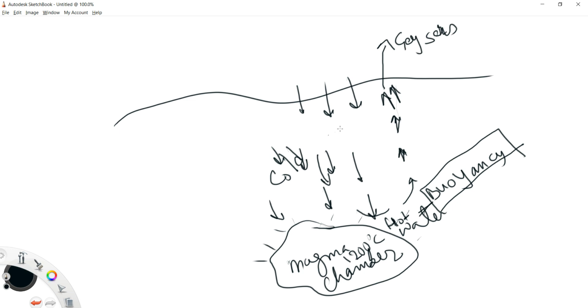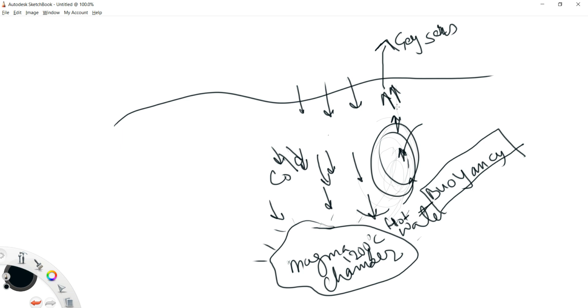When this water ejects, this chamber will be empty. Now more cold water will rush in, and while rushing in it passes through this hot region and starts to fill up this region again, and when it has enough water, it will again start rising and eject in the form of a geyser.